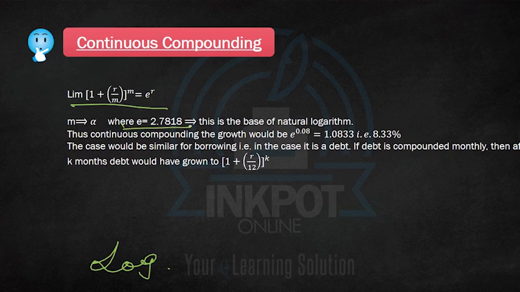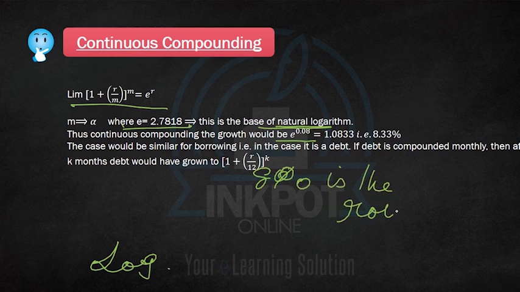This is something which is given. This is the base of the natural logarithm. Thus, with continuous compounding, the growth would be e raised to the power of 0.08, where 8% is the rate of interest.